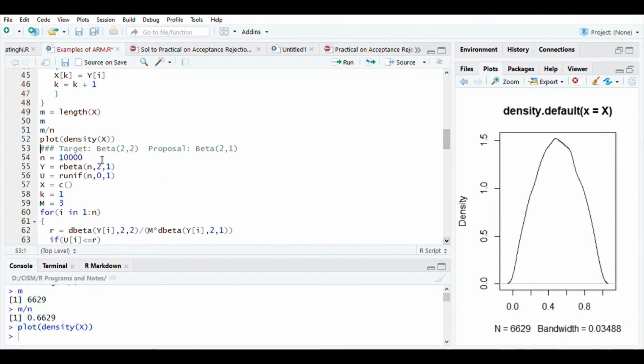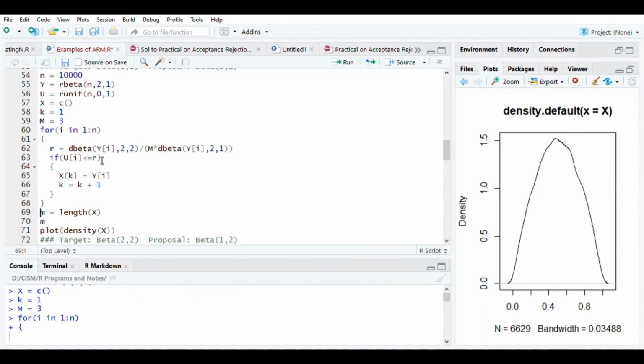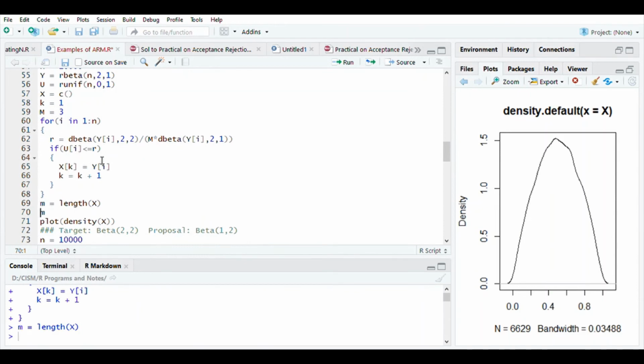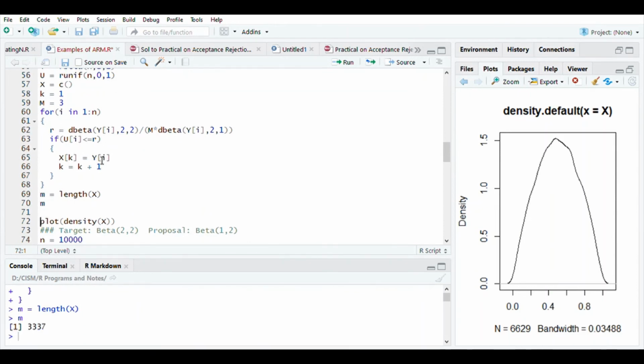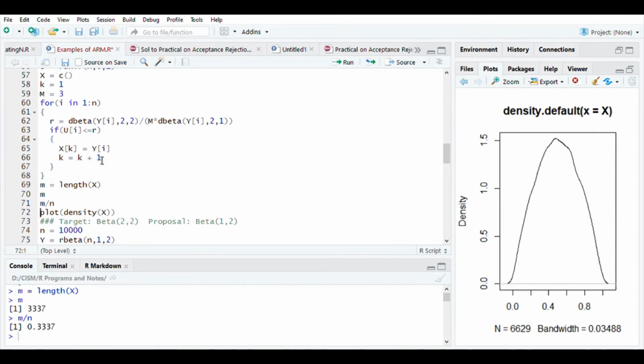Now repeat the procedure with beta(2,1) as the proposal. Here M was 3, so the constant was 3. So see, the acceptance rate has reduced drastically. It is really bad. When I generated 10,000 observations from the proposal, I got only 3,337 observations.